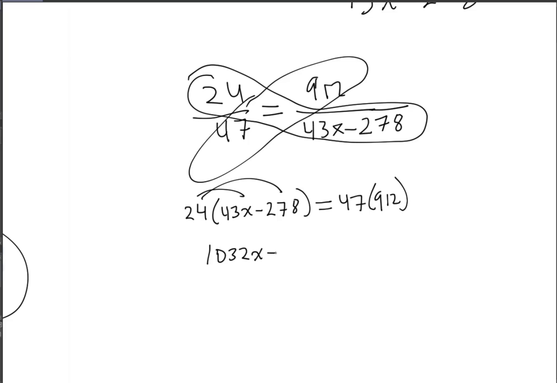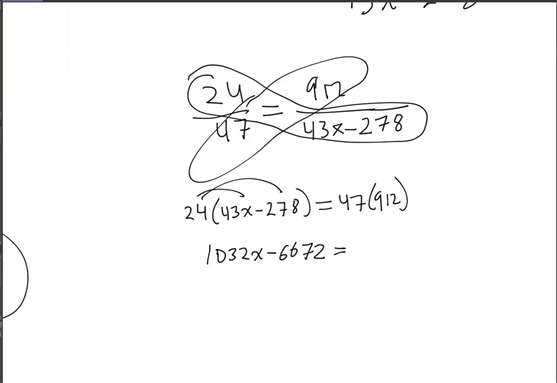And then that's going to be minus something, 278 times 24, whatever that is. 278 times 24, right? Which is equal to 6672. So it is equal to minus 6672 is equal to 47 times 912, which gives me the lovely 42.